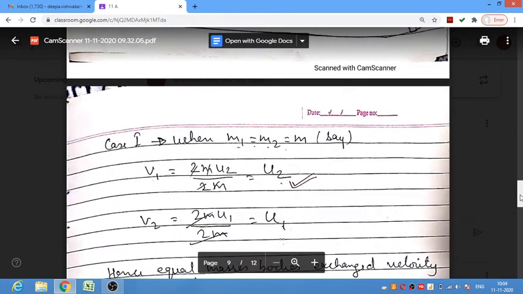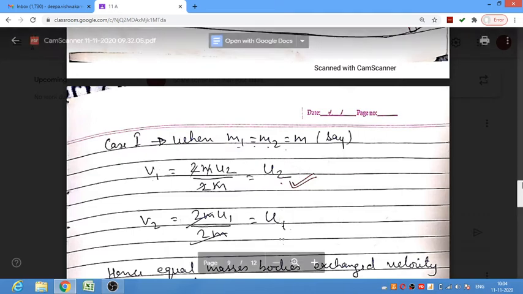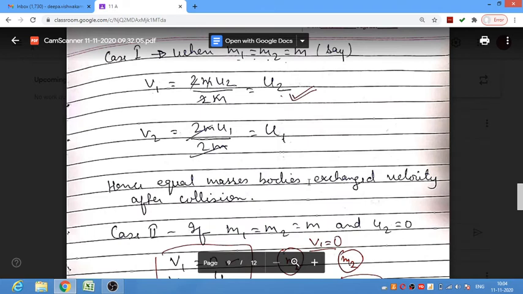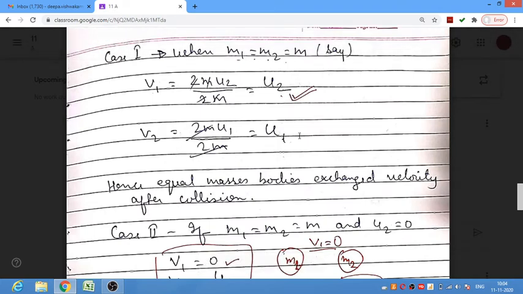Now there is a case when both the masses are equal. Say m is the mass of the two bodies, then the final velocity of m1 is equal to u2, and the final velocity of mass m2 is v1.